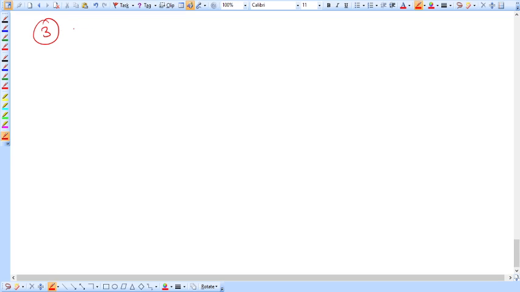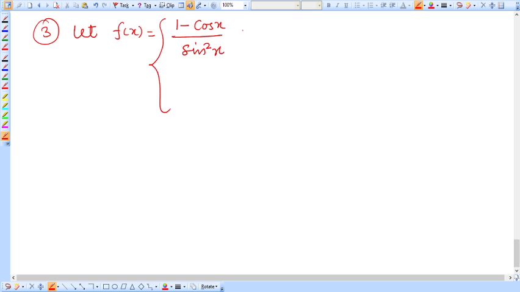Let f of x is equal to 1 minus cos x divided by sin square x, okay, when x is not equal to 0, right, and it is equal to a when x is equal to 0, right?